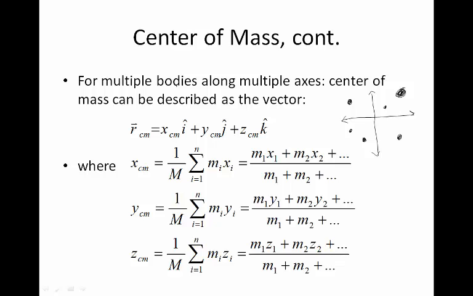by breaking it up into x and y components. Everybody's going to have a position along the x-axis. So this is body 1, 2, 3, 4, 5, 6. Each one's going to have a position along the x-axis, x1, x2, x3, and so on.